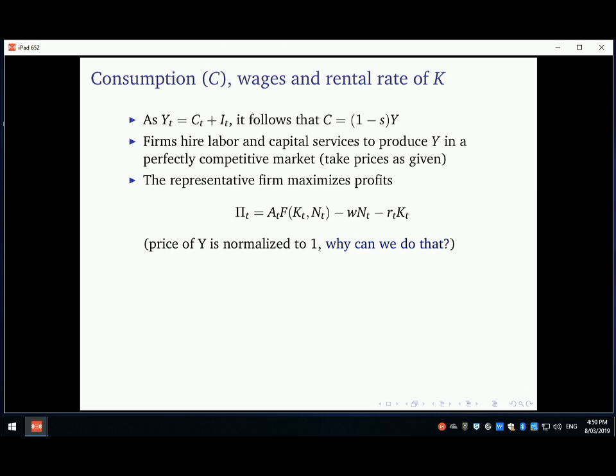Okay. So firms in our model are rational agents that maximize profits. What are profits? Profits are this pi t term over there.